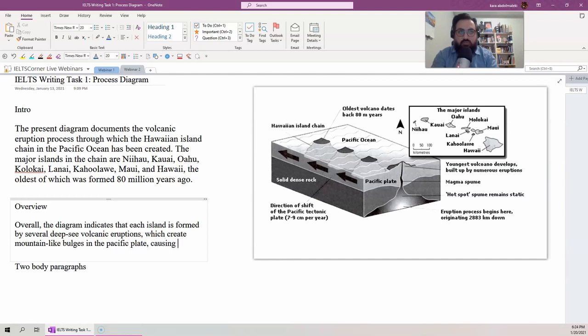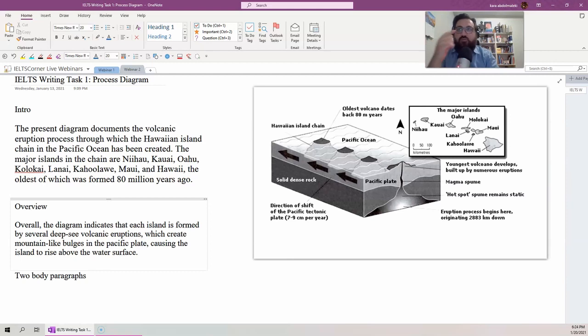Causing, reduced relative clause, the island to rise above the water surface. Okay, this was one sentence, and then that's one key feature, how each island is formed.